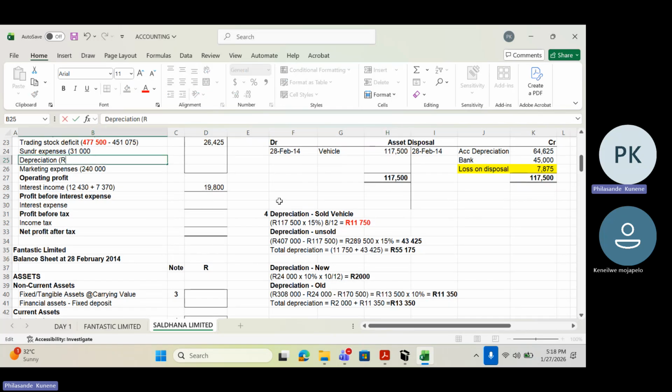The first one was 55,175 plus the depreciation for equipment, 13,350. And then how much are we going to get?